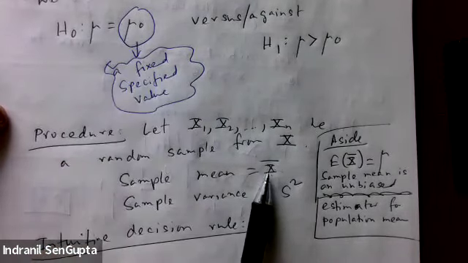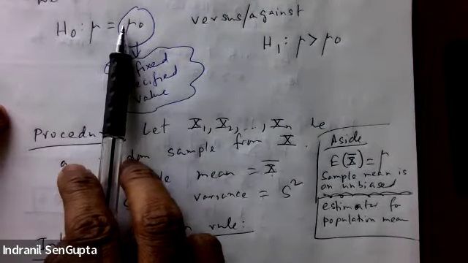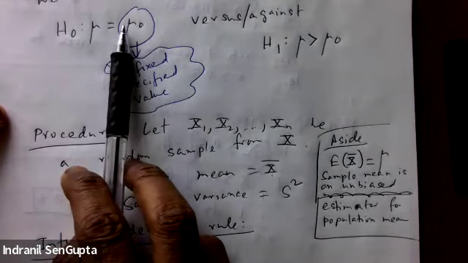But if X bar is close to mu zero, then we are good.